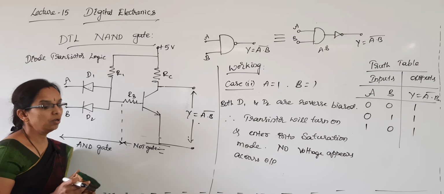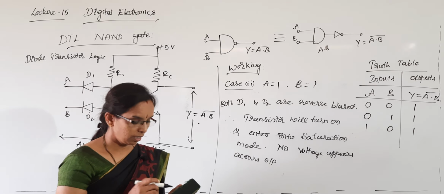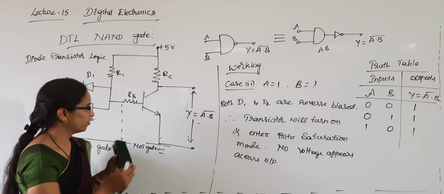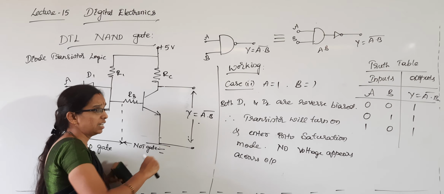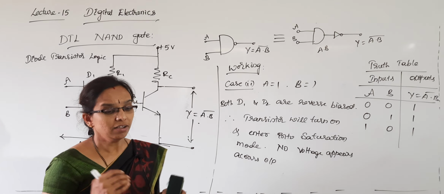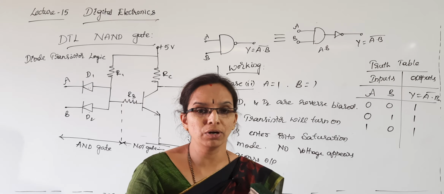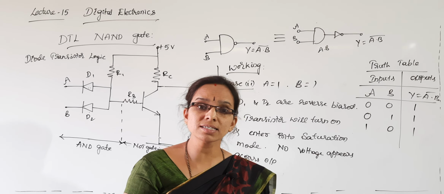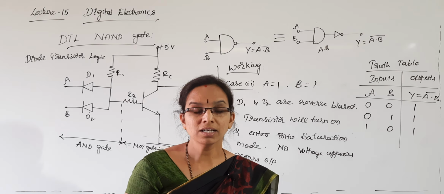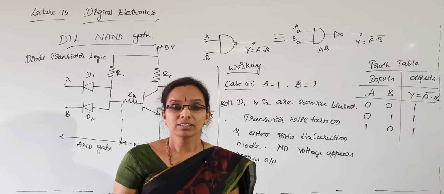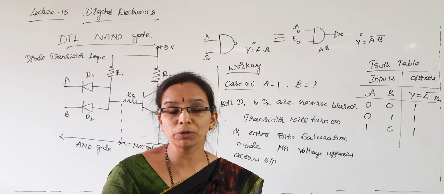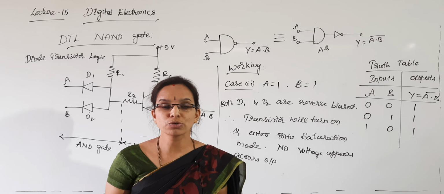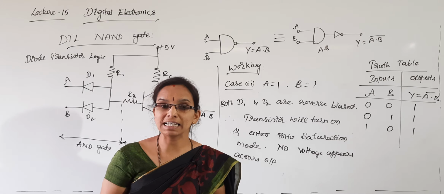Okay. Somebody may have a doubt: even though this looks like a parallel connection, why will the current not enter here? See, whenever a diode is forward biased, it possesses less resistance, right? And whenever a transistor is in saturation mode, both junctions are in forward bias, so obviously both junctions offer very less resistance.